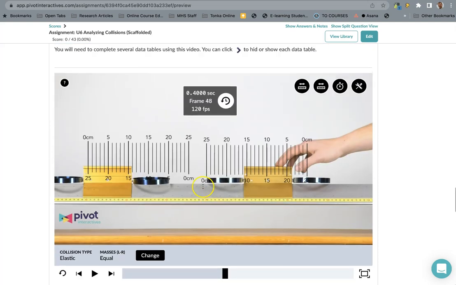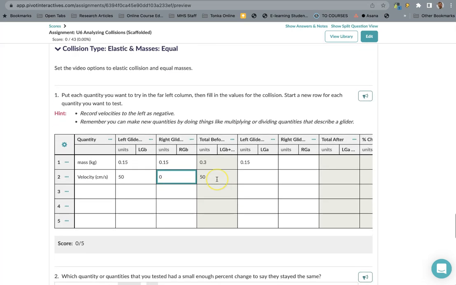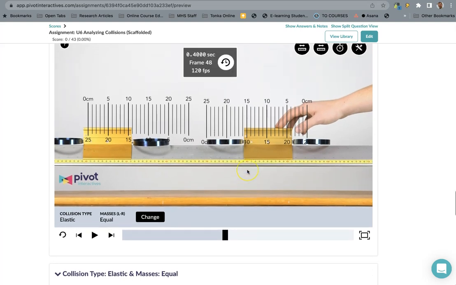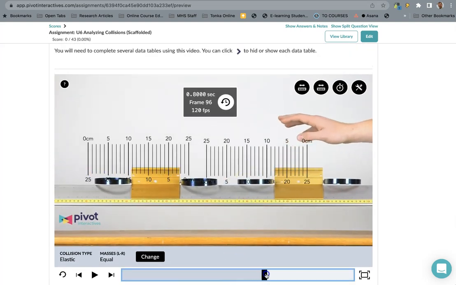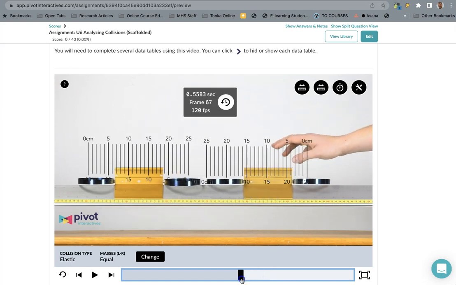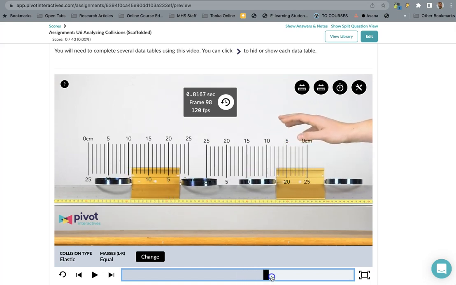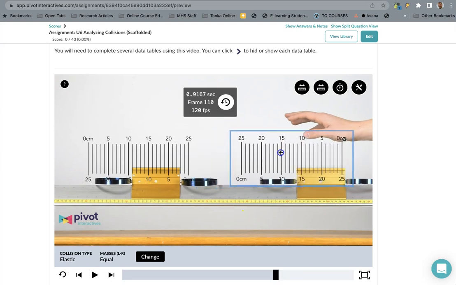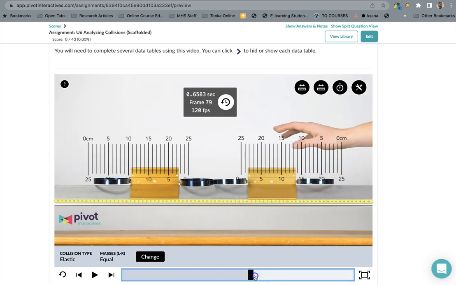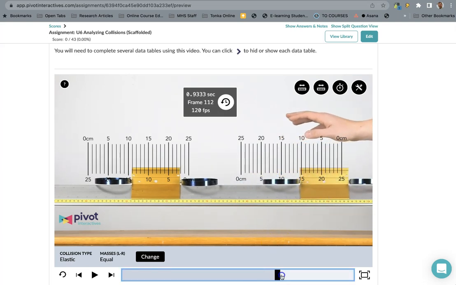Now the right glider wasn't moving before the collision, so its velocity is 0. Then after the collision, I'm going to do the same thing. I'll let them collide together. The first glider comes to a stop, and the next one maintains a constant velocity. Now I've got to be really picky here. I'm not going to measure right after the collision, because I want it to maintain a constant velocity.